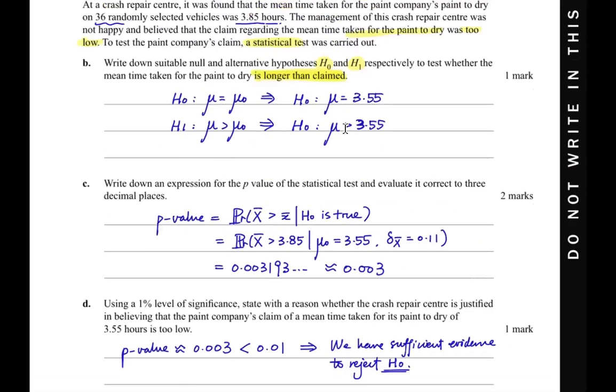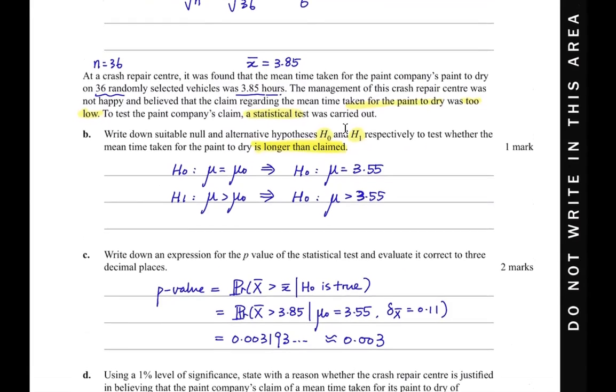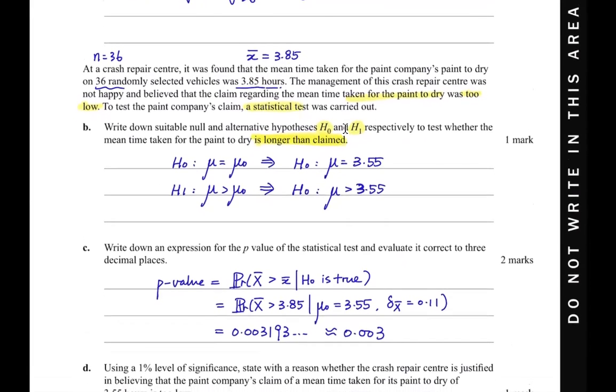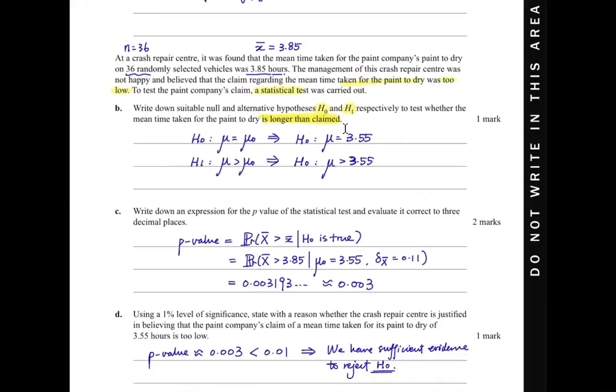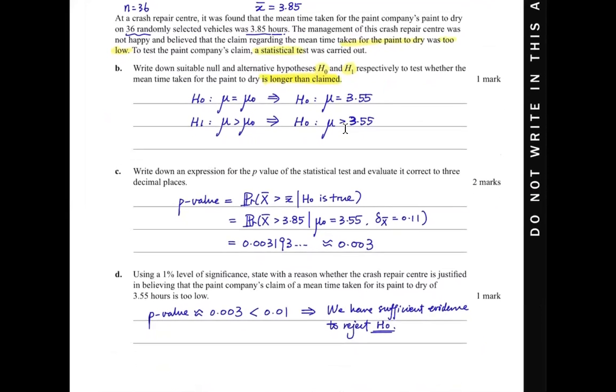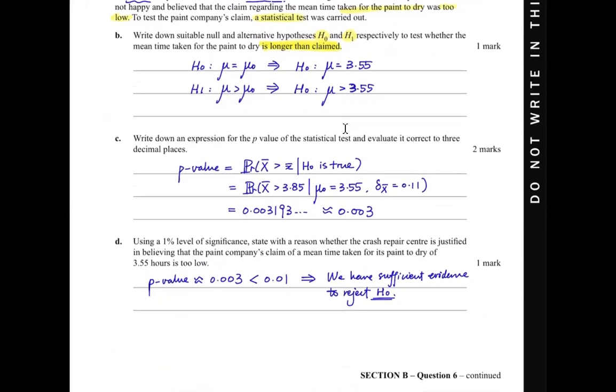If you are rejecting H0, the claim was too low. Yes, it is justified. It is justified that the time taken is too low.